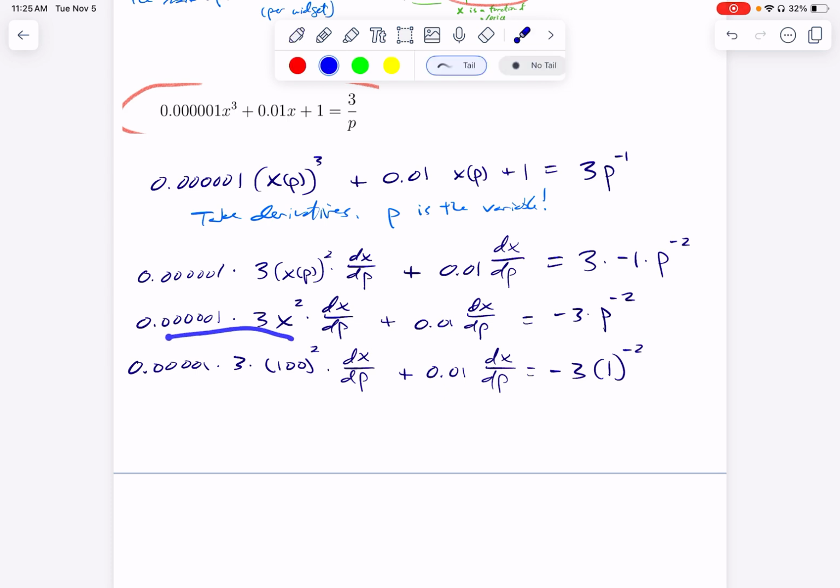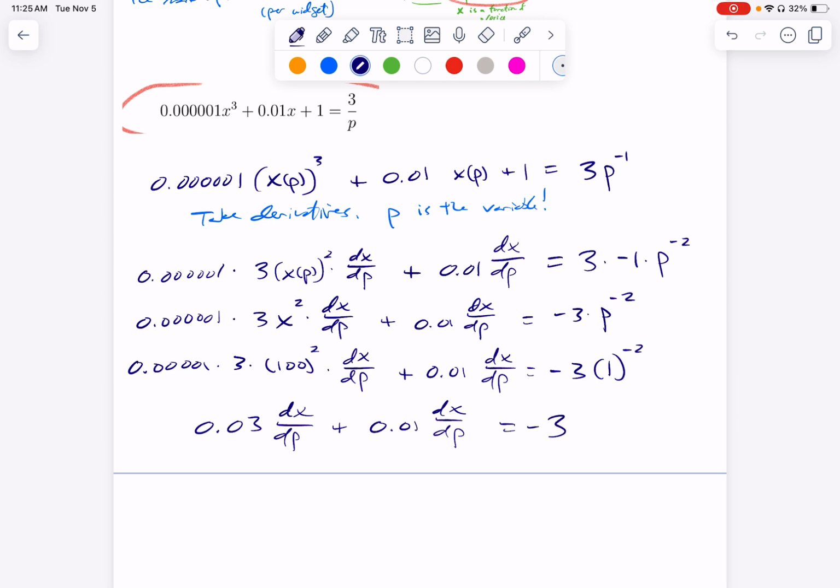So I will just tell you this whole thing cleans up to 0.03. This one I'm just going to recopy. And 1 to any power, conveniently enough, is just 1, so we have negative 3 there.